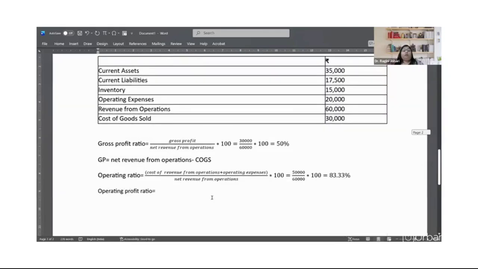Okay. So we are going to use this formula only since we have already calculated operating ratio. So this is 100 minus 83.33. And what answer do we get here? The operating profit calculated is 16.67%.